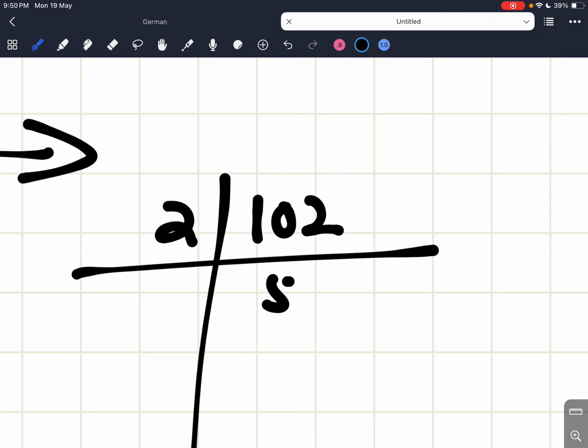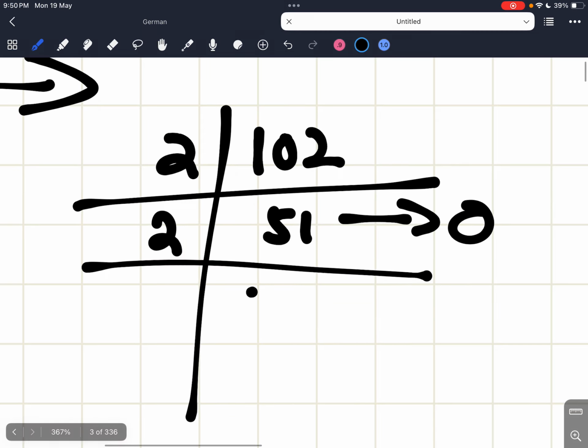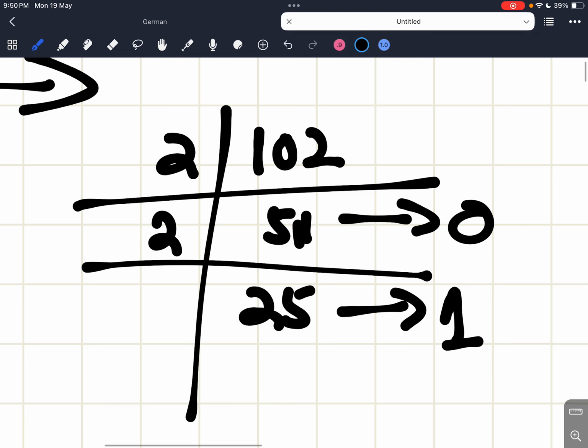So 102 divided by 2 is 51 with remainder 0. Then 51 divided by 2 gives 25 with remainder 1.